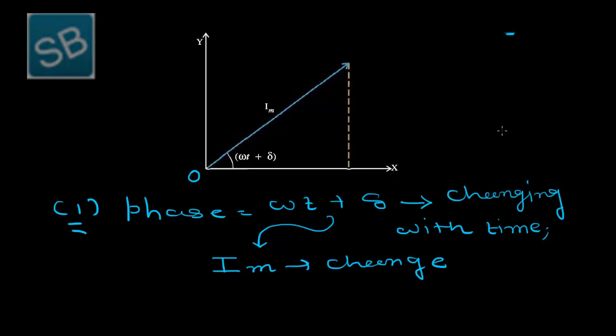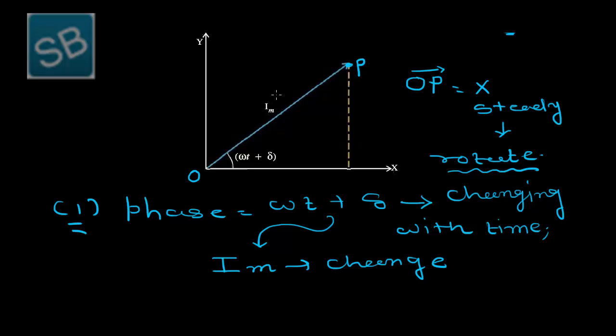Suppose I am giving this point the name P. So the OP vector, that is the position vector of the maximum current Im, is not steady because it is changing with time. So I can make one assumption that the OP vector, meaning the value of Im, keeps on rotating in the xy plane.